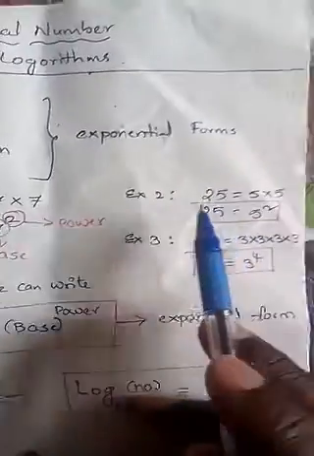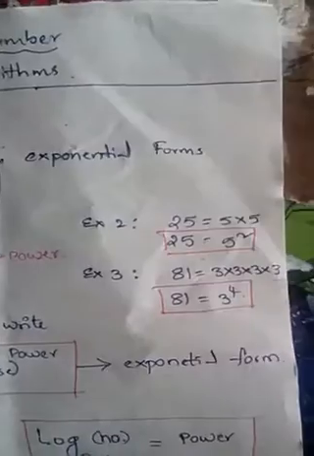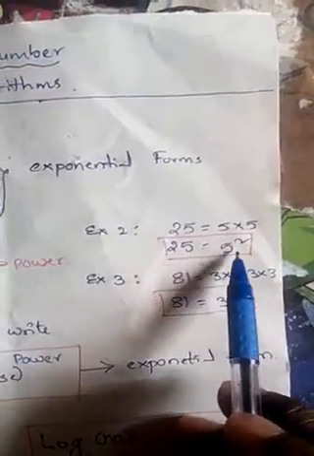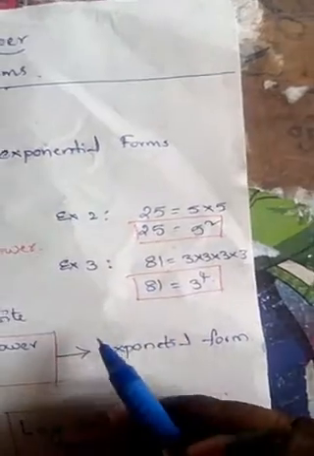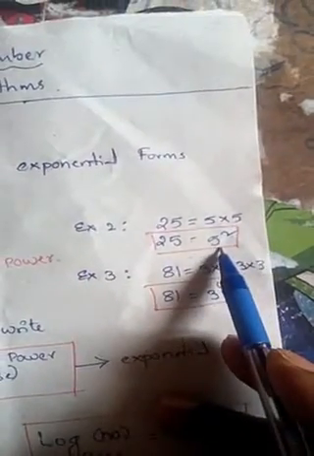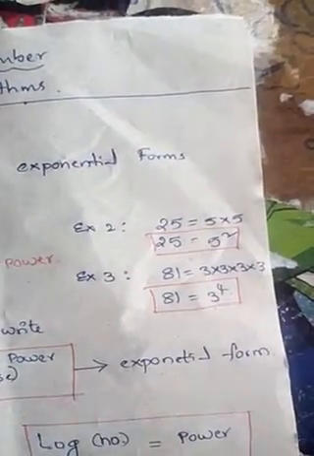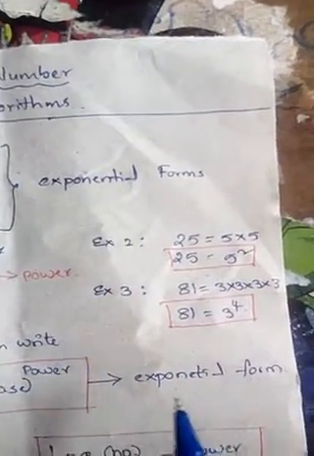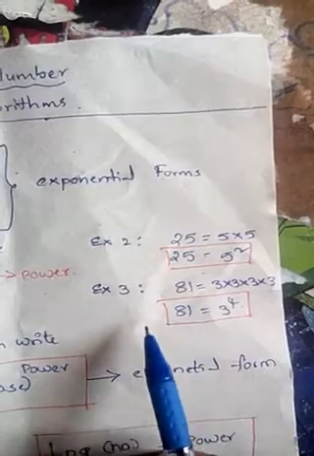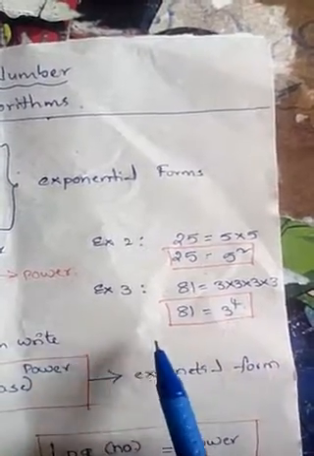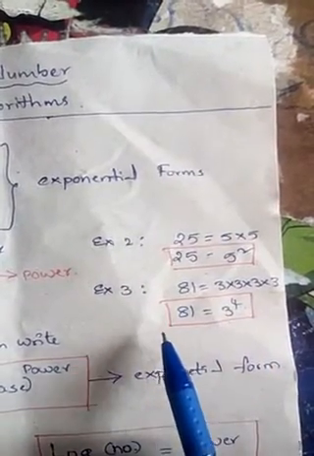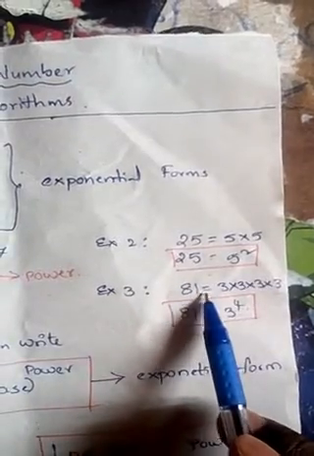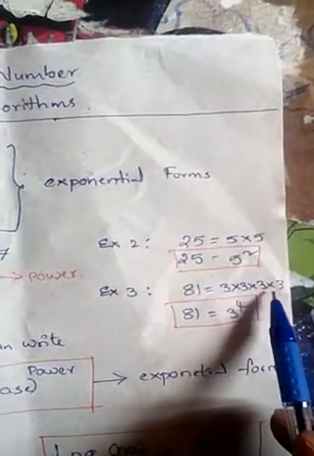One more example we take here. 25 we can write 5 into 5. So 25 we can write 5 to the power of 2. Here 5 is called base and 2 is called power, and 25 is called a number. Here 81 we can write 3 into 3 into 3 into 3.